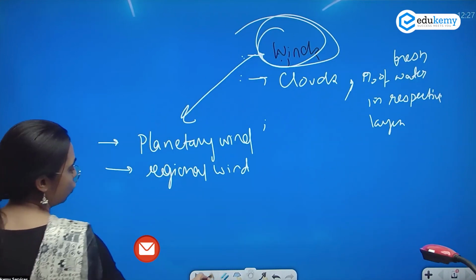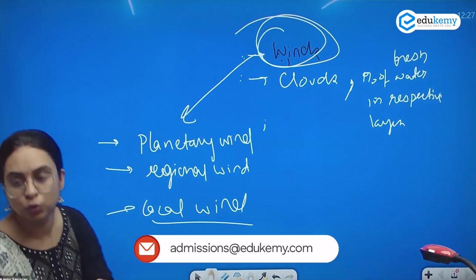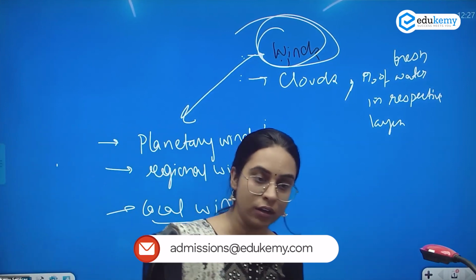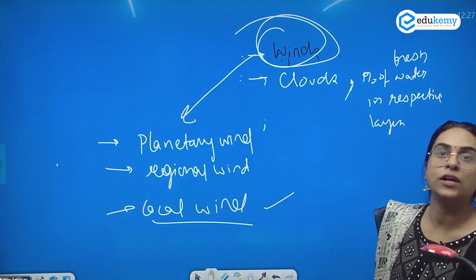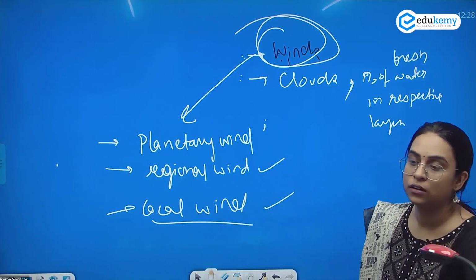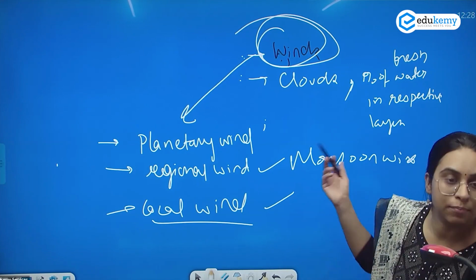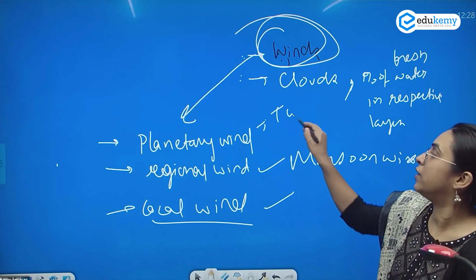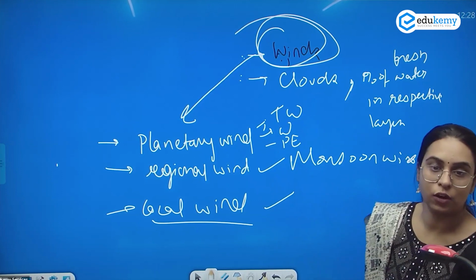An example of local wind can be Loo, Chinook, Foehn. These are examples of local winds. For regional winds, we have monsoon winds. What about planetary winds? We have trade winds, westerlies, and polar easterlies. These are your planetary winds.